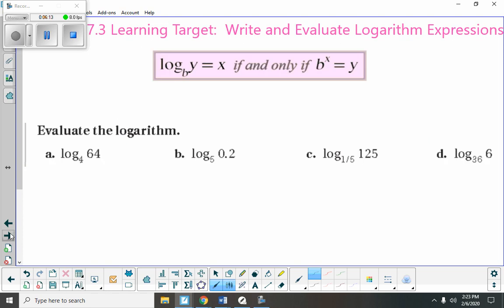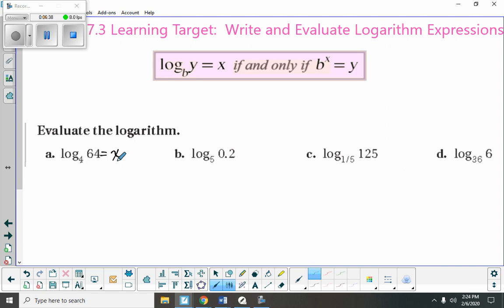All right, so now it says evaluate the logarithm. What it's saying is we want to find out what that exponent would be. So we're going to say that this is equal to x. So log base 4 of 64 equals x. To solve problems that have a variable for an exponent, we can write it in the other form.